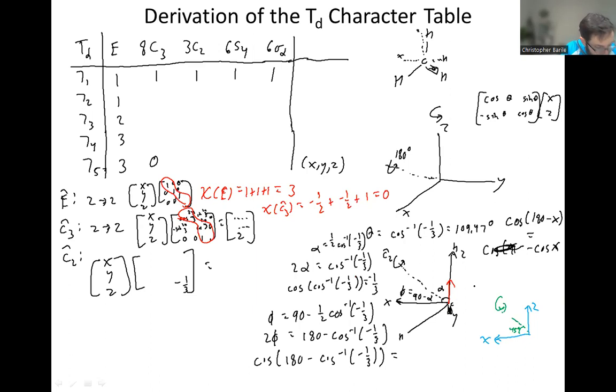There are all these different trig identities that are very useful, and that's one of them. So anyway, this ends up being negative cosine of cosine inverse of negative 1/3. Well, the cosine of the cosine inverse of negative 1/3 is negative 1/3, and the negative of that is just positive 1/3. So for the x component you end up having 1/3.